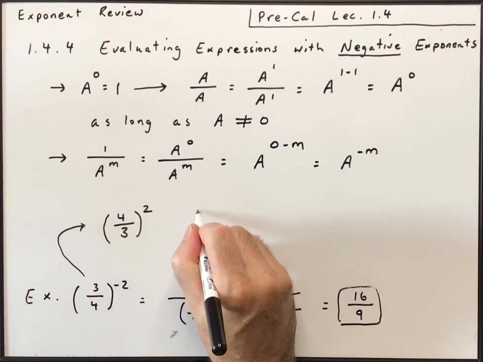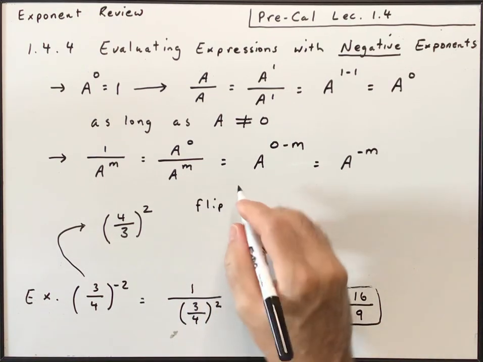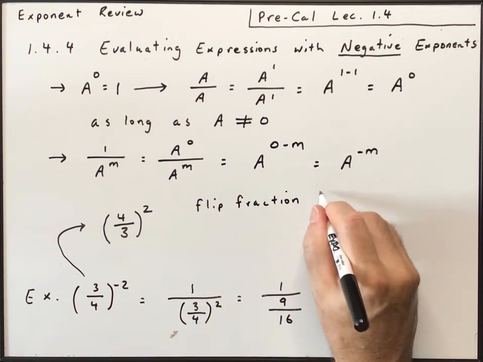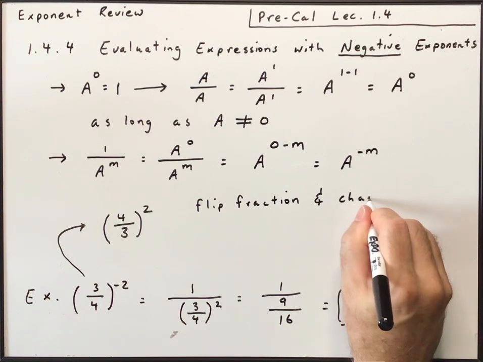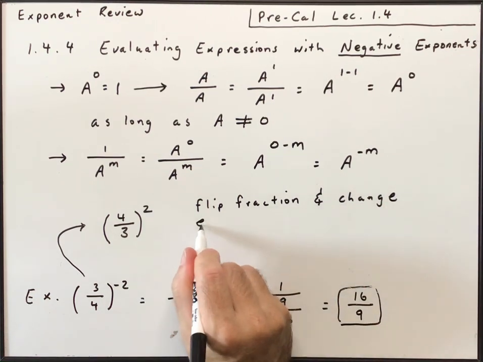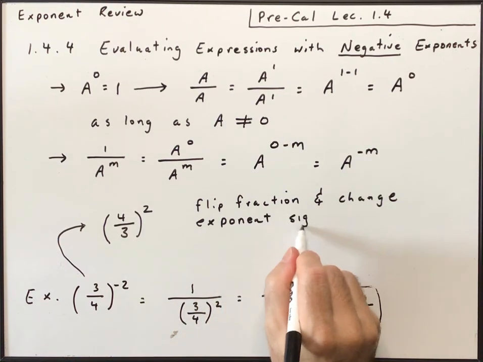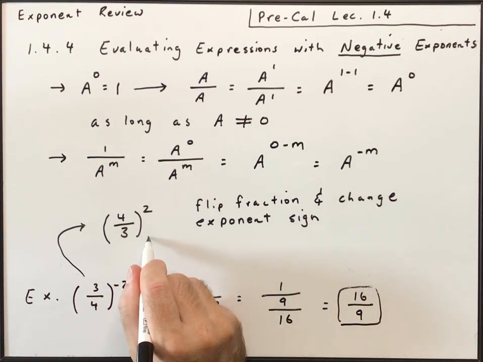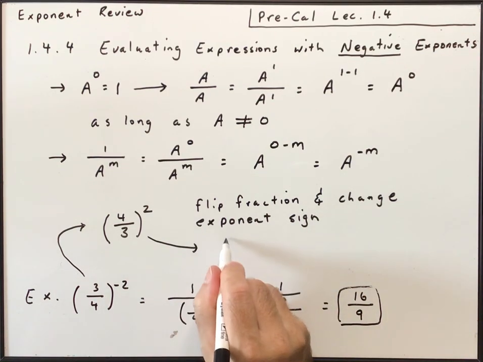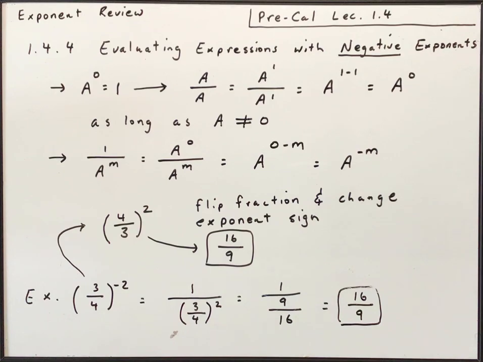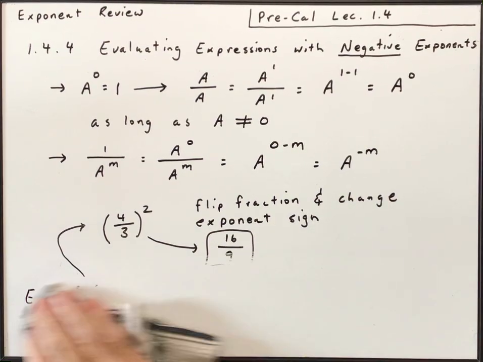So flip the fraction, and then you can change the exponent's sign. Well, then that's just going to be 4 squared over 3 squared, which is 16 over 9. So a much faster way to think about it. Okay, let's work a few more examples, and then we'll be good with this exponent review lecture.